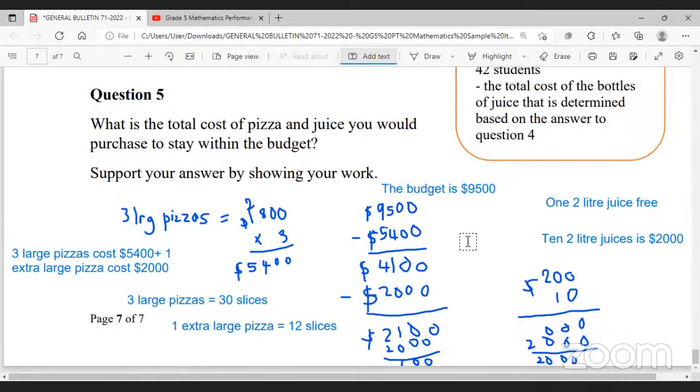So I'm still fine. And I would have gotten the full marks for this question because I did everything down to the T with my statements, my working out, and everything to support my answer.